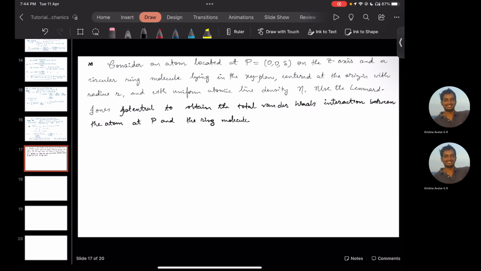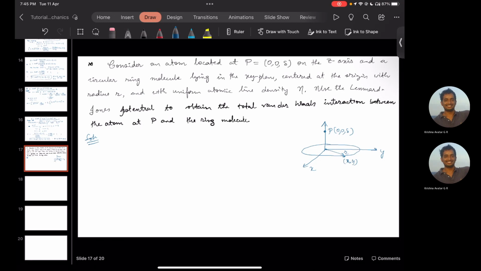So let's begin to solve this problem. The solution goes as: we have a circular ring placed in the XY plane, right? With the center at origin, X, Y, and the radius is R. And we have an atom located at P, which is 0, 0, del. Any point on this is an X, Y coordinate on the circular ring molecule.